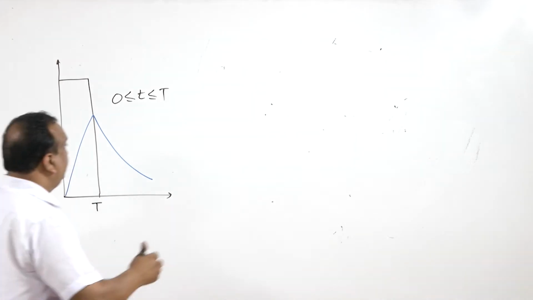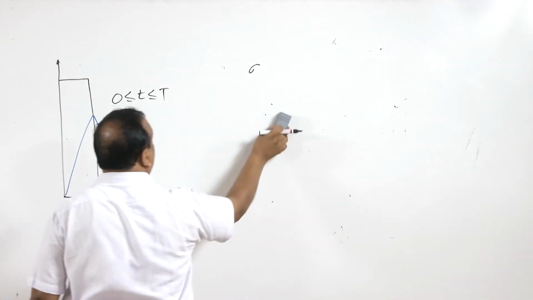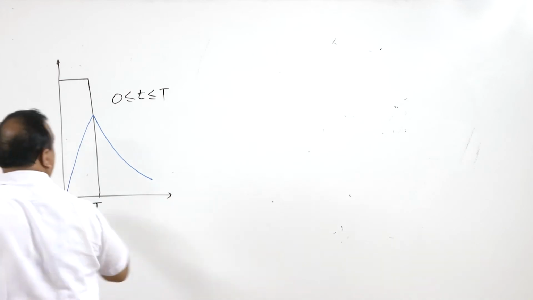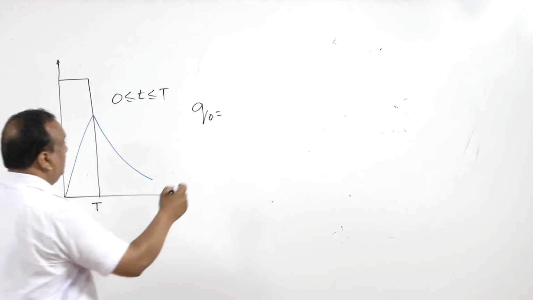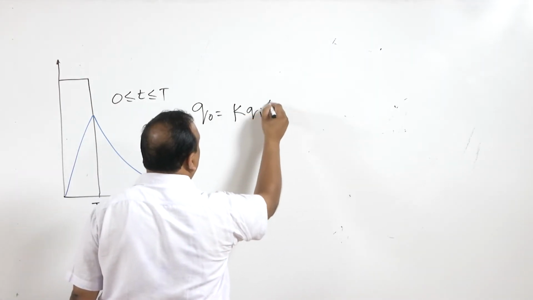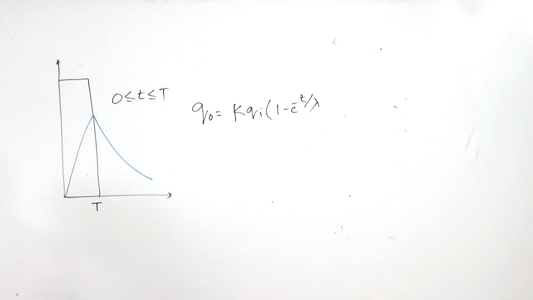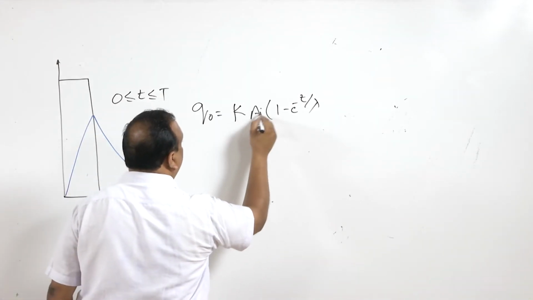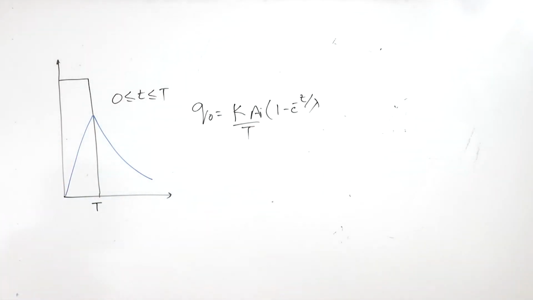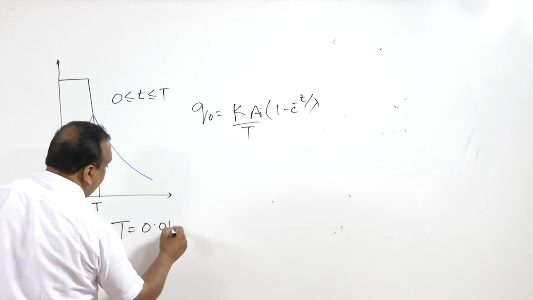The first order system means Qo is equal to K Qi, 1 minus e raised to power minus t by lambda, and Qi we have already taken as A by T, right? Now T we have assumed as 0.01 lambda.